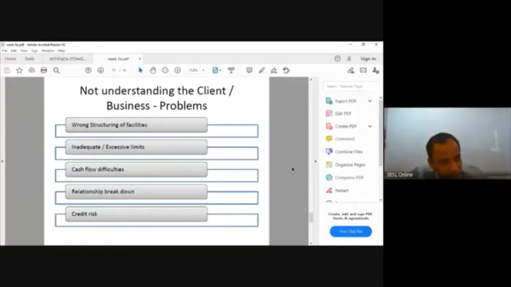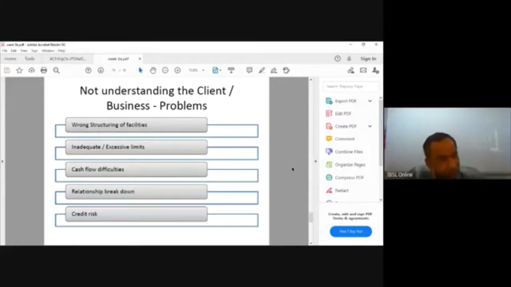If we don't pay the checks of the customer, then his regular business will be affected. So by a wrong lending, we put a block on the regular business. Many times this happens. In NPO also, many times wrong structuring is the reason.